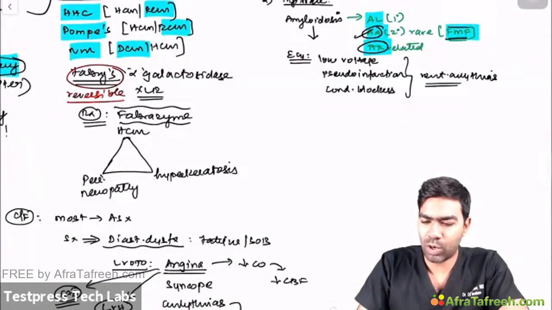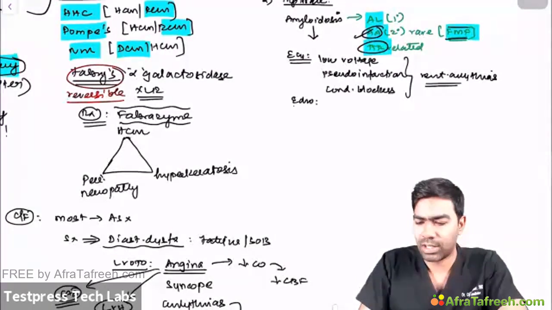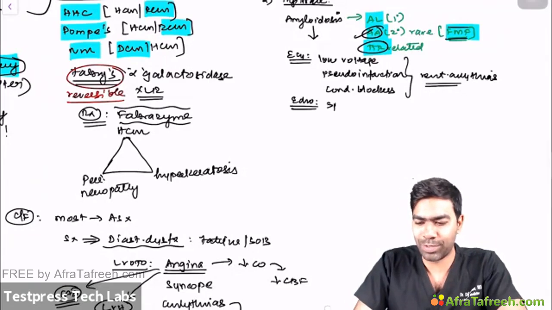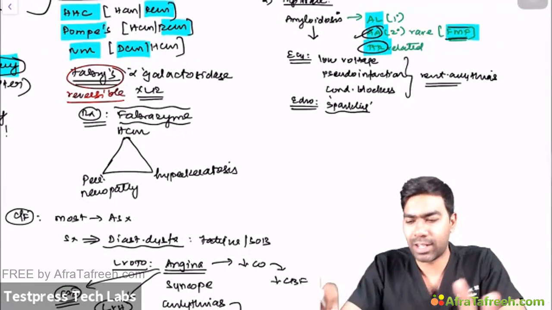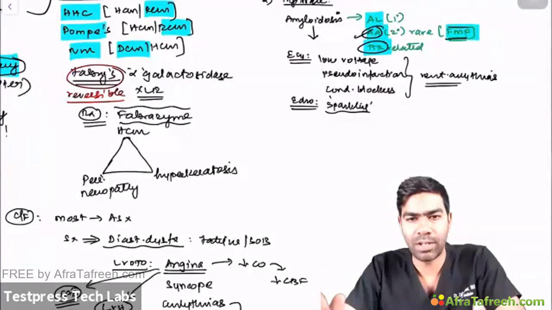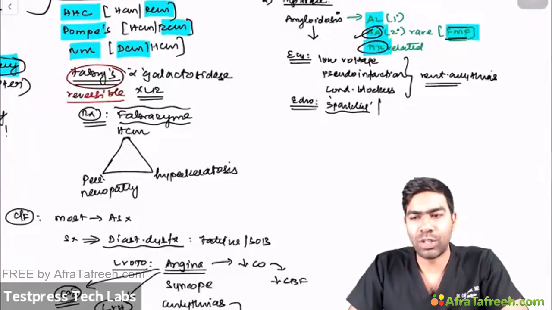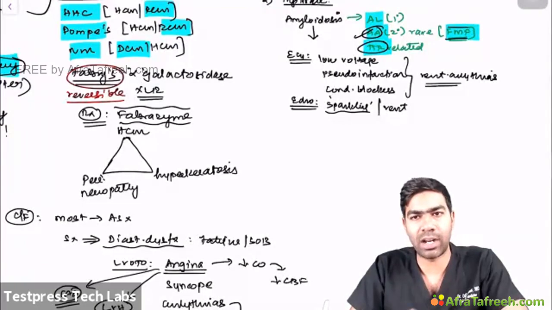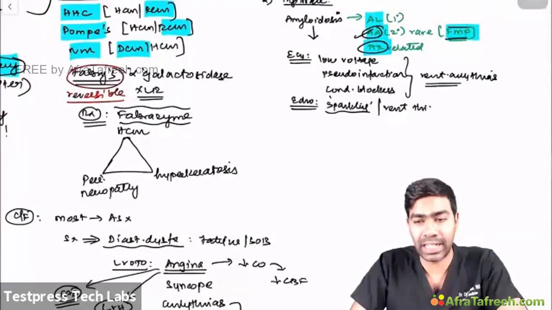And as far as the echo findings are concerned, there is a very characteristic sparkling finding. That's a sparkling appearance, like dots or sparkles you will see in the echocardiogram. And remember, the ventricle will not be hypertrophied. There is a difference between ventricular hypertrophy and ventricular thickening.